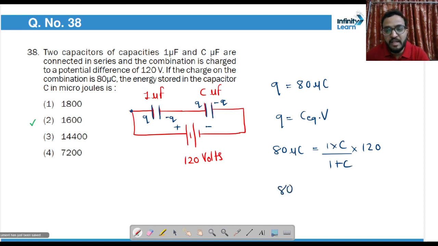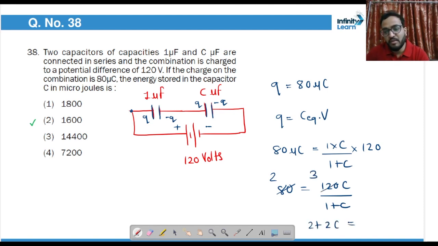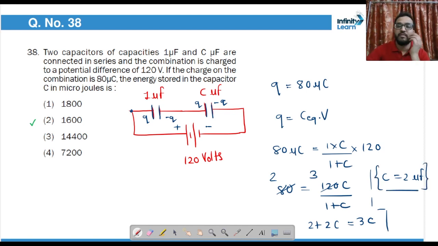So 80 is equal to 120 C upon 1 plus C. So it will be 2 plus 2C is equal to 3C. So C is equal to 2 microfarad. Got it? What is C? C will be equal to 2 microfarad.